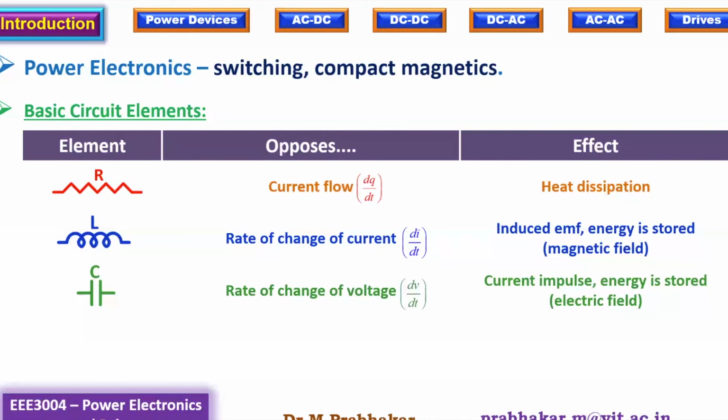Fine. So it shows its opposition as an impulse of current. Energy obviously is going to be stored in the form of electric field. So we will be using these three elements.